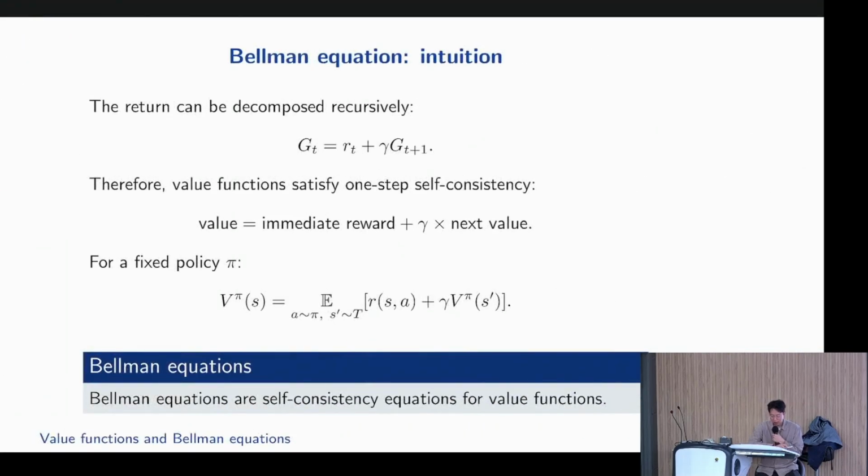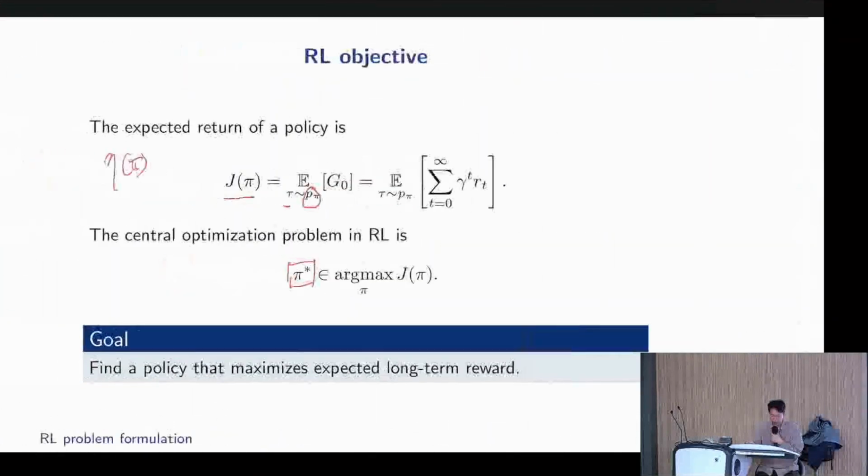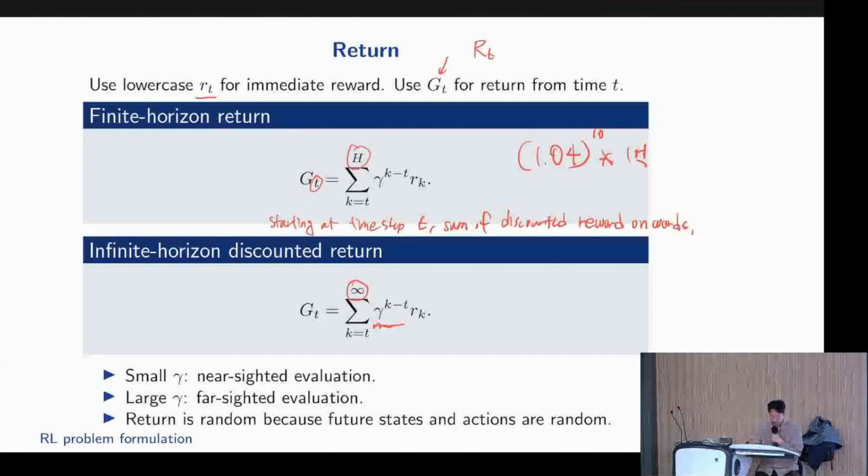Okay, so now the Bellman equation. Remember, return is the sum of discounted rewards. Let's just go back a little bit. Starting at time step t, following some policy, what is the discounted sum of rewards?